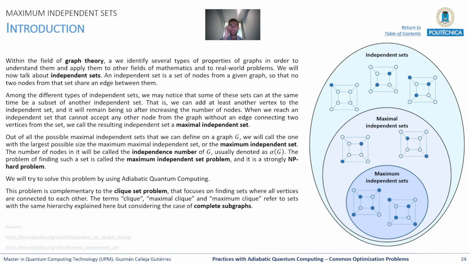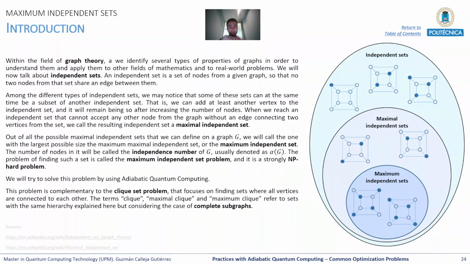Then we have some other concepts, such as the independence number of G, that is the number of nodes. It's usually denoted as alpha(G). Of all those problems, finding the maximum independent set in a graph is an NP-hard problem. So those are the ones where we can find a solution or an advantage with quantum computing.